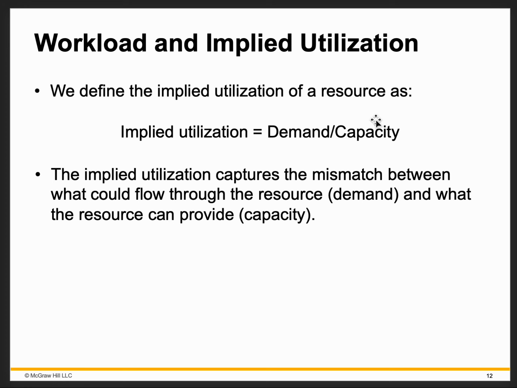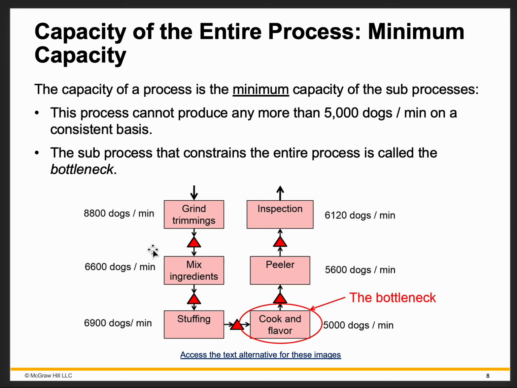So if demand is only 4,000 hot dogs a minute, then the implied utilization for the whole process will be 4,000 divided by 5,000, because 5,000 is the capacity. So 4,000 divided by 5,000 is 80%. The whole process will run at 80% capacity, but each individual stage in the process has different capacities, say for example, different implied utilization.